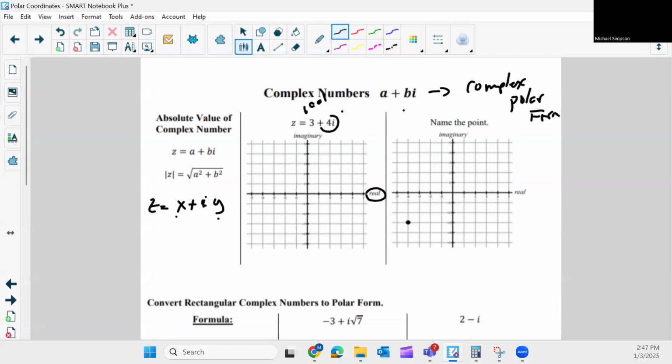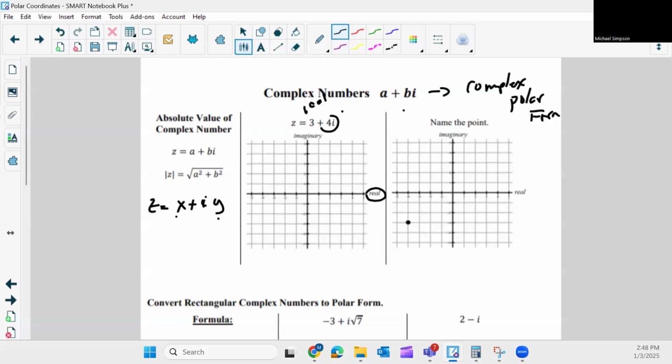If you do advanced math, there's a course called complex numbers that deals with a lot of this. We just hit the basic part, giving you the introduction to complex numbers, how we graph them, and also convert between complex numbers and polar form. We can plot them like real numbers.